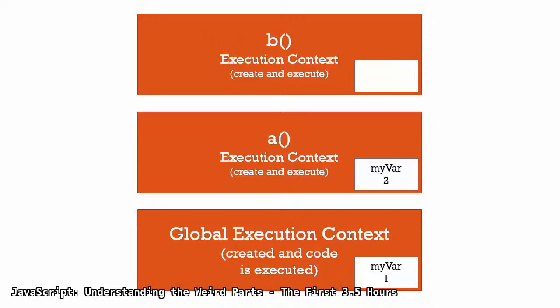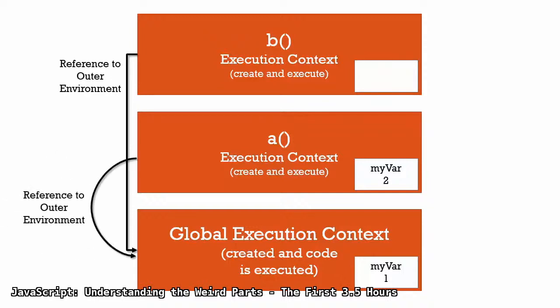Remember, we also mentioned one other thing that we haven't used yet, the reference to the outer environment. Every execution context has a reference to its outer environment. Now, what is its outer environment? Well, in the case of function B, its outer environment is the global execution context.